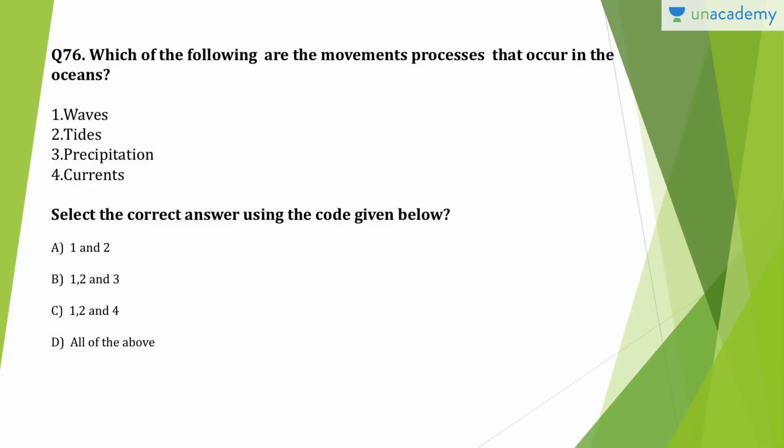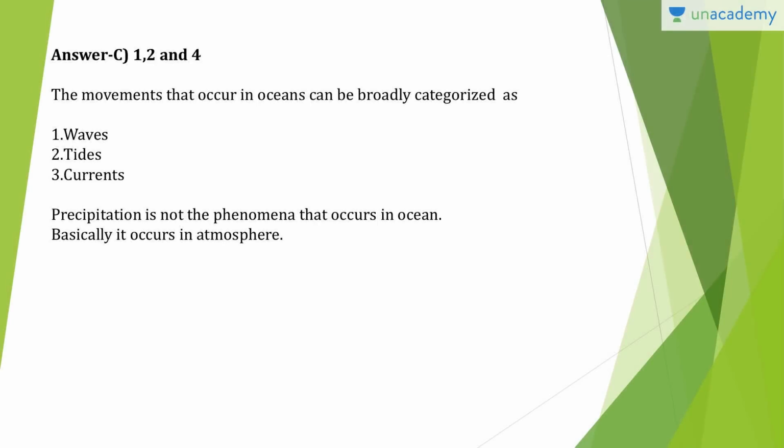So answer here is C, that is 1, 2, 4. The movements that occur in oceans can be broadly categorized as waves, tides, and currents. Precipitation is not a phenomenon that occurs in the ocean; it occurs in the atmosphere. Okay, so I think that point is pretty clear now.